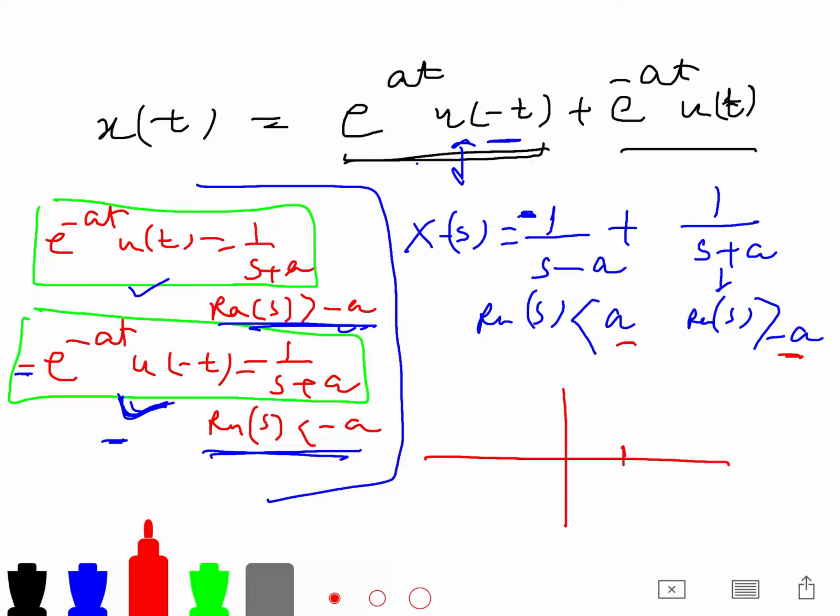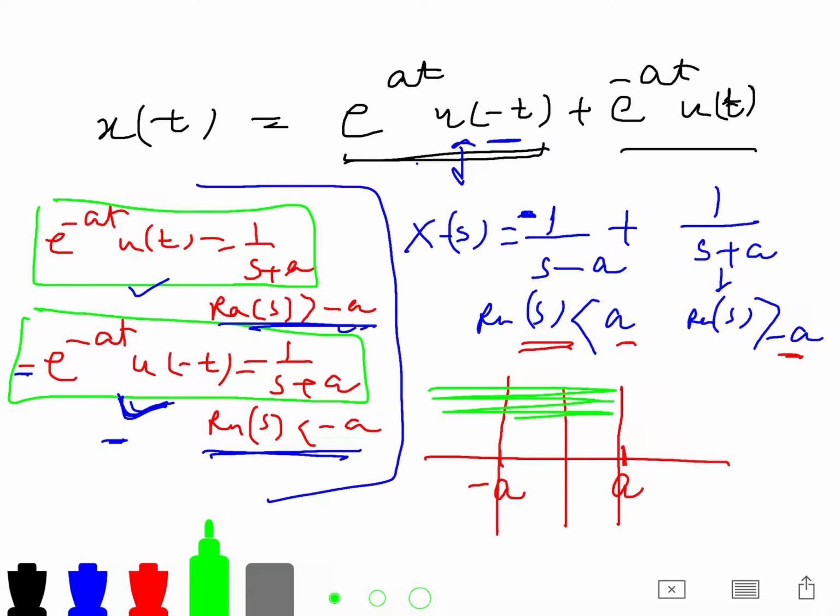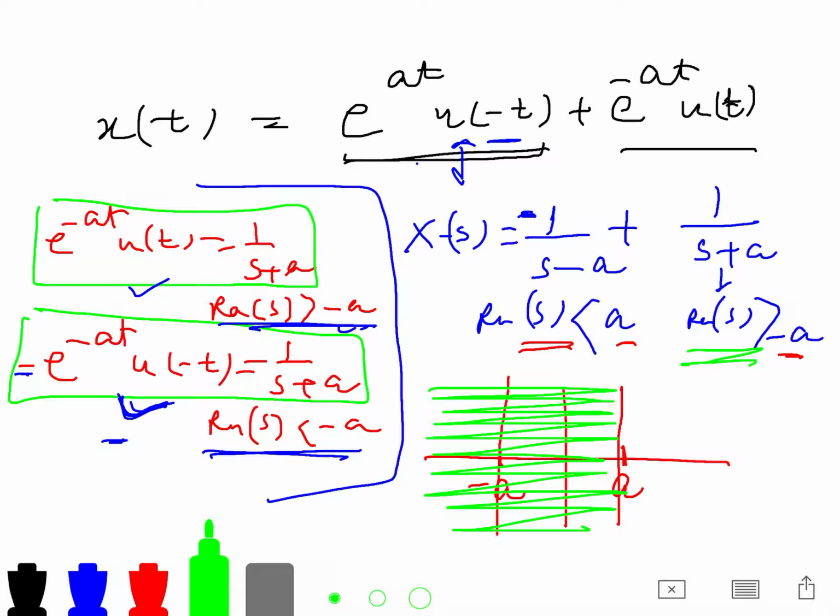Define these poles: here a will come and here minus a will come. For this, real part of s is less than a; the less than a part will be this. And for this, greater than minus a; the greater than minus a part is this.